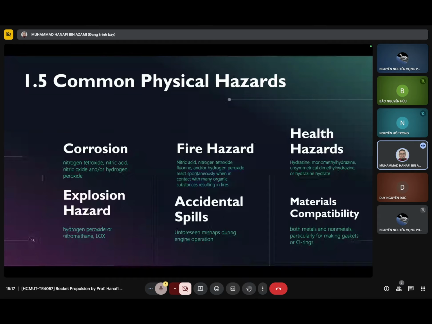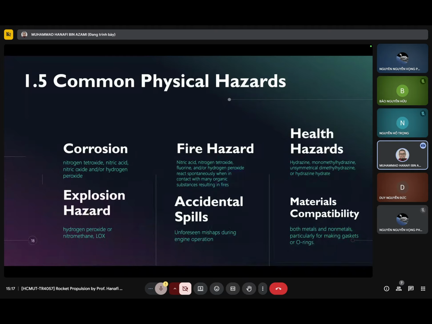Fire hazard, of course, you cannot avoid this. You are dealing with very energetic propellants, so they are flammable and can ignite easily. For example, nitric acid, nitrogen tetroxide, fluorine. Fluorine is a good propellant because it gives you a huge amount of energy.